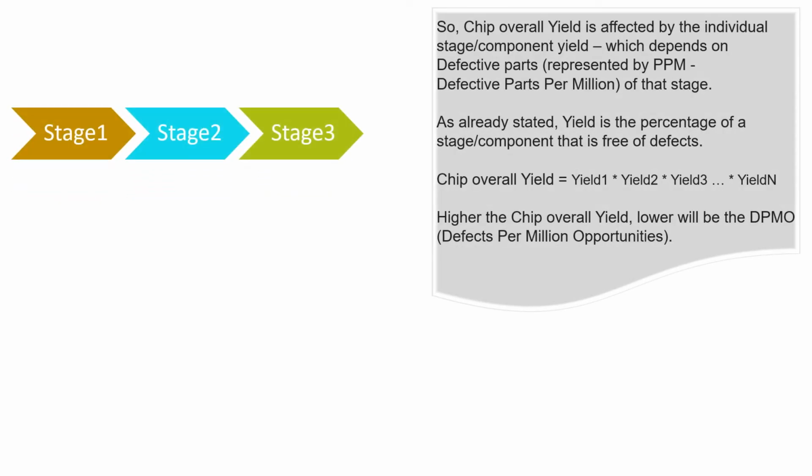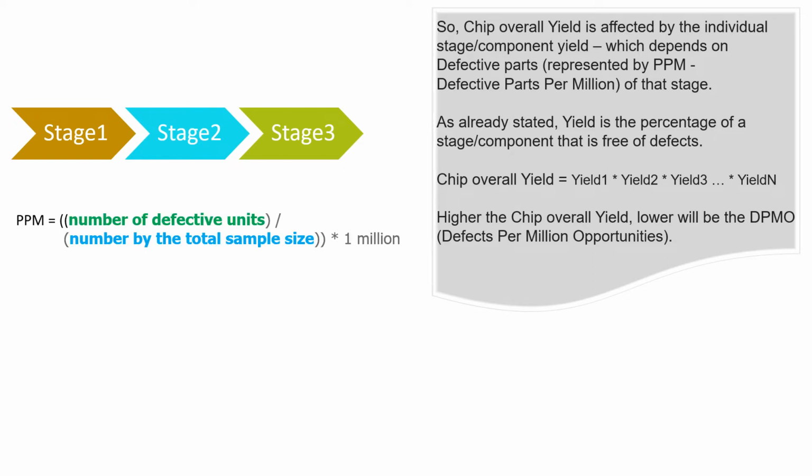So chip overall yield is affected by the individual stage yield, which depends on the defective parts of that stage. If you see, there are 3 stages in the flow which we have analyzed, and here we will understand that defects per stage will depend upon the ppm.